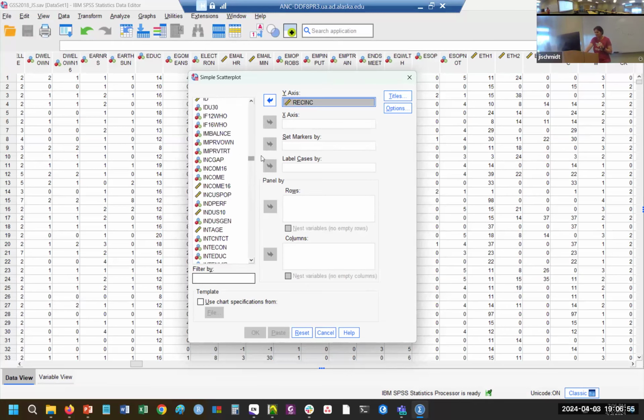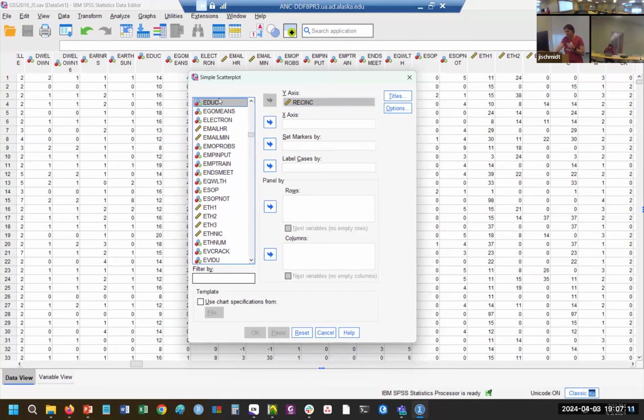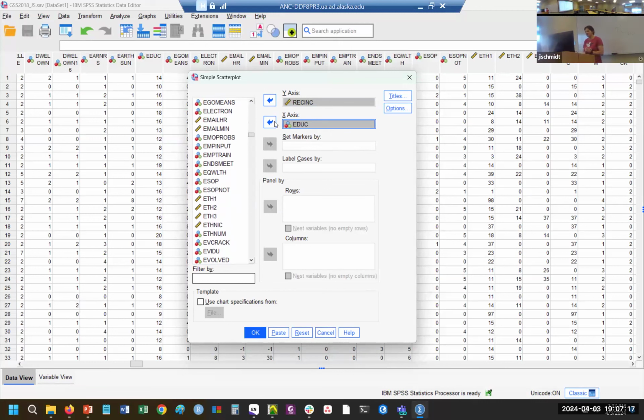Yes, use the reclassified income. Your Y-axis is the rec income, and then your X-axis is the education. And hit OK.